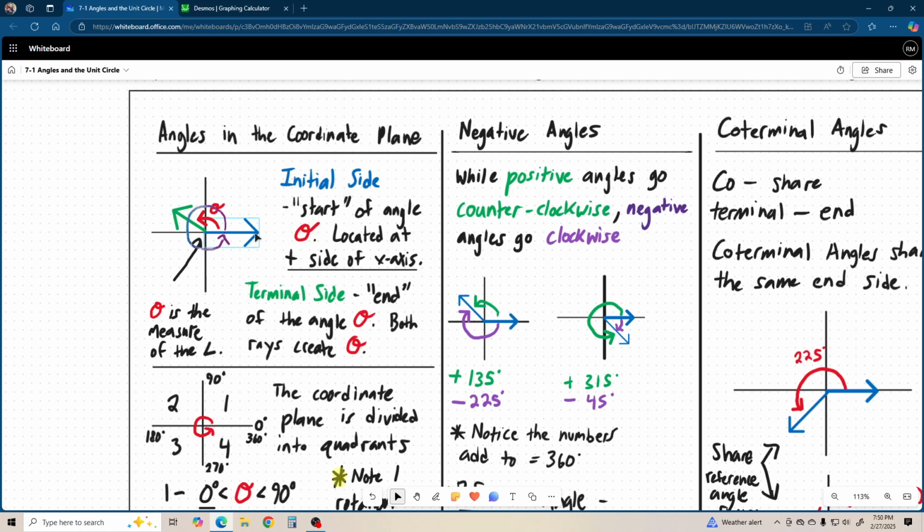Now, every time you've had an angle, let's say in geometry, an angle typically would look something like this. It would be the combination of two rays, right? You'd have two rays that join at a point, and then the angle is the measurement in degrees of this internal part here.